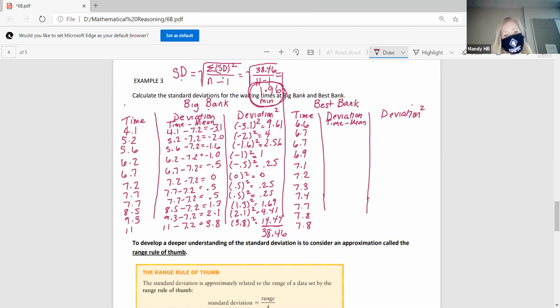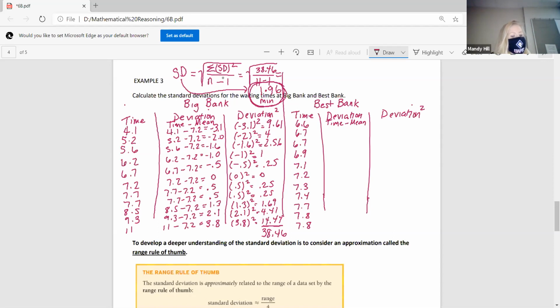So what does this standard deviation mean? When we look at our data, what that's saying is that most of the times are within 2 minutes, give or take, of the mean. So the mean was 7.2.